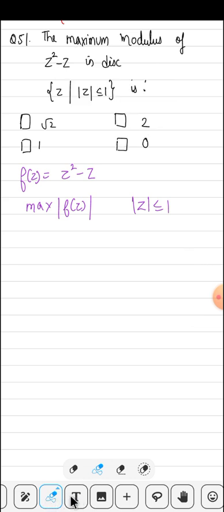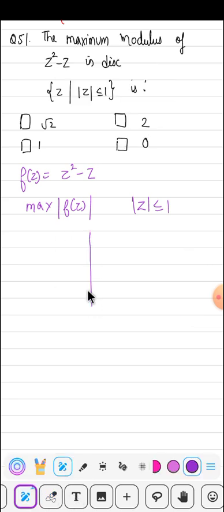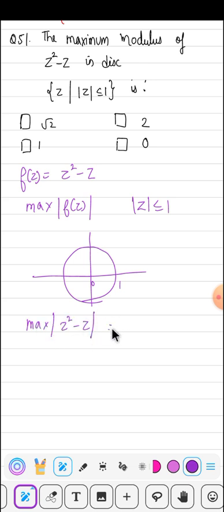So let me erase it and redraw it. And this is 1, 0. So now we will put in the values; where can the maximum of z squared minus z come? If I see minus 1, 0 and 1, the boundaries are also checked. So let us check first on 0. z squared minus z will give you 0.